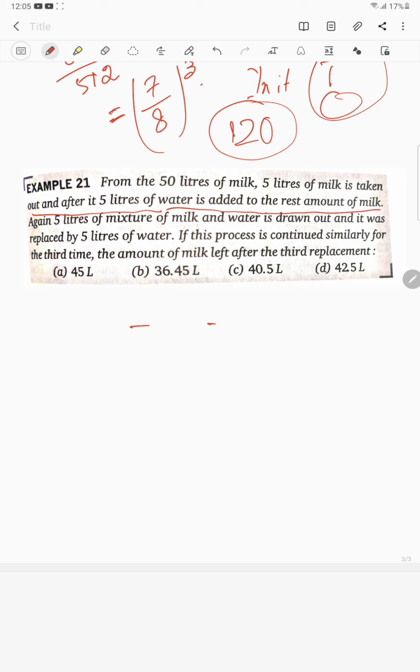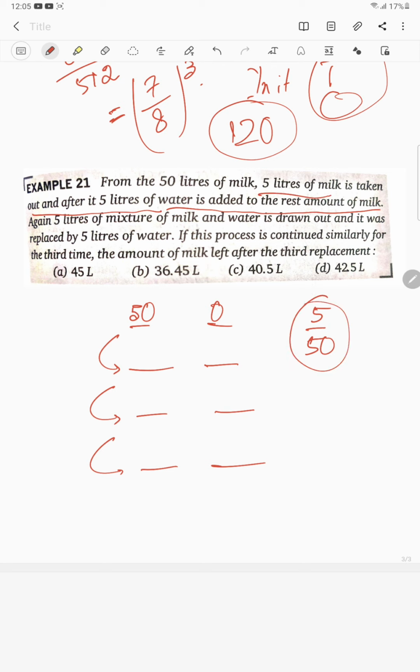So the number of replacements we are doing is 1, 2, and 3, and we will be dealing with 3 ratios, right? So we have 50 liters of milk and 0 amount of water, and the replacement ratio is 5 by 50. Why? This 5 liters of milk is taken out, that is the replacement ratio, and 5 is added every time.